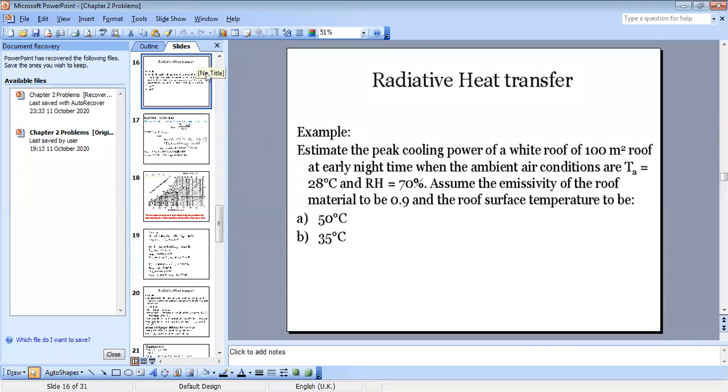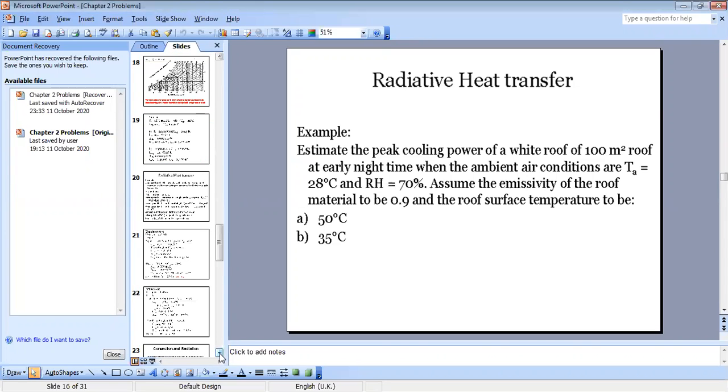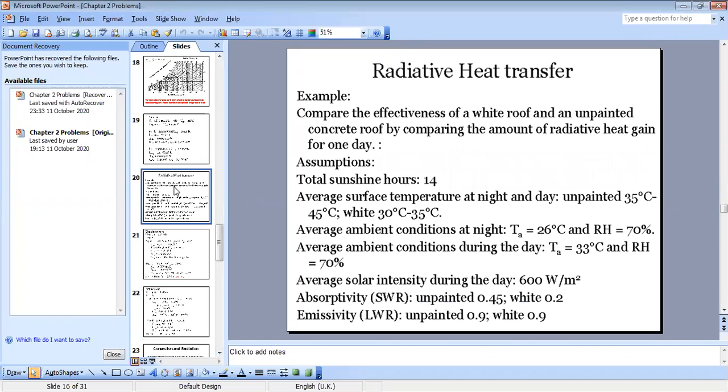Let us see another problem, which also deals with this type of formulas. We want to compare the effectiveness of a white roof and an unpainted concrete roof by comparing the amount of radiative heat gain for one day. Here, the analysis should be performed for a complete day.